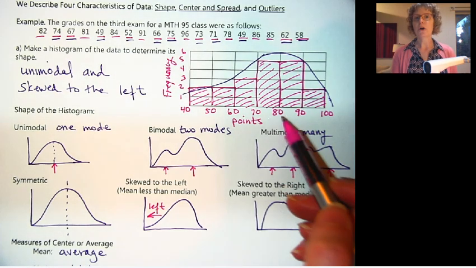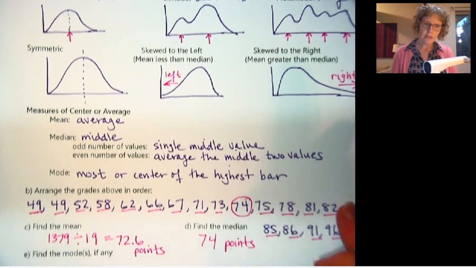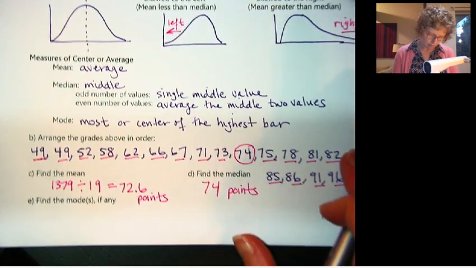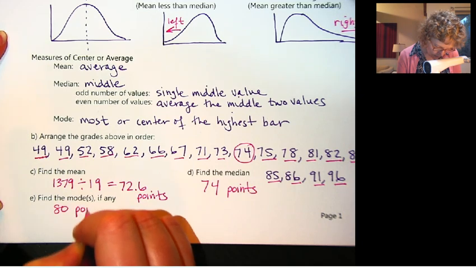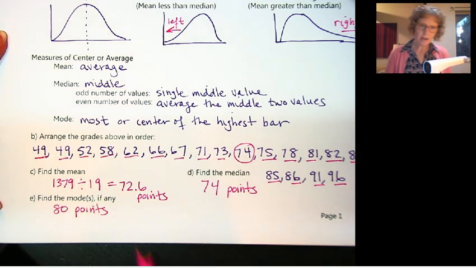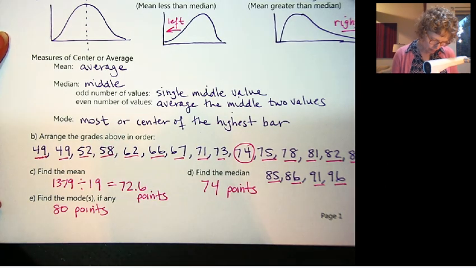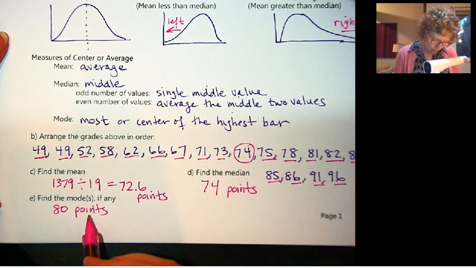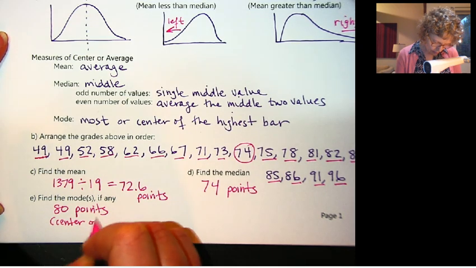So I would say the mode is 80. So be careful about that if you're used to finding the number that occurs the most. 80 points, the center of the peak.